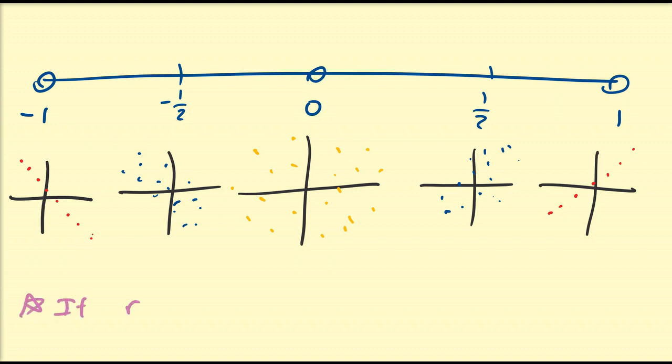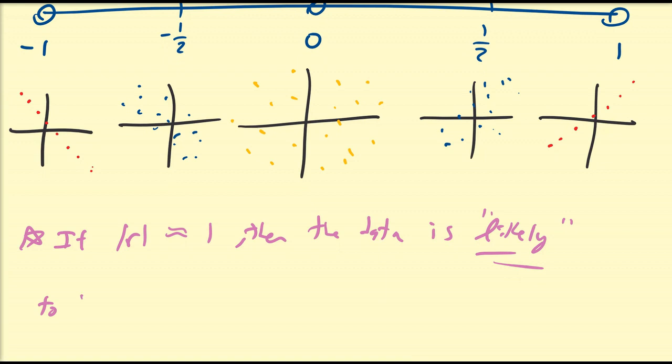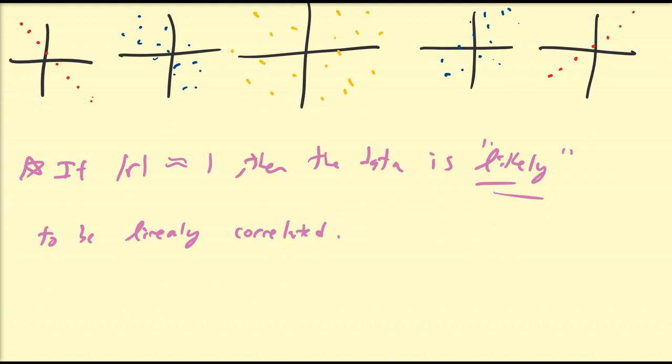So if the absolute value of r is approximately equal to 1, then the data is likely to be linearly correlated. And I use the word likely here because there are definitely some small exceptions to this rule.